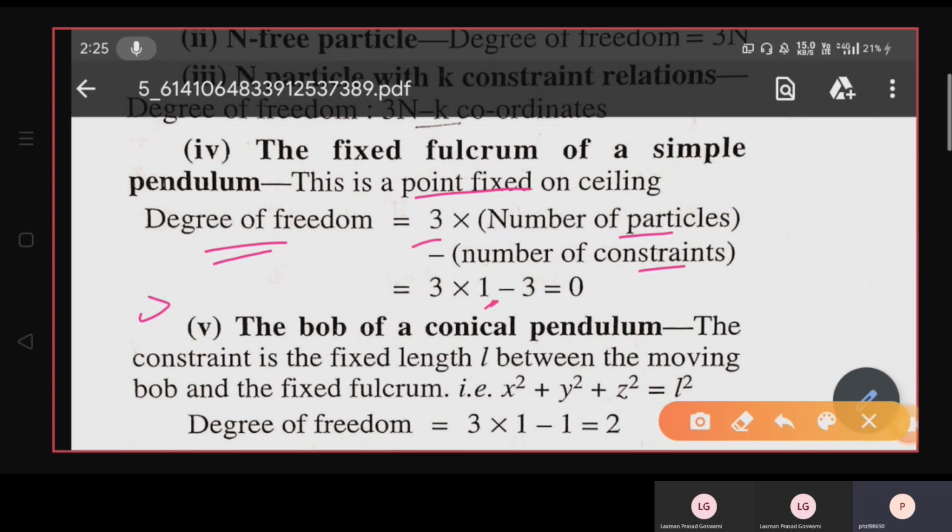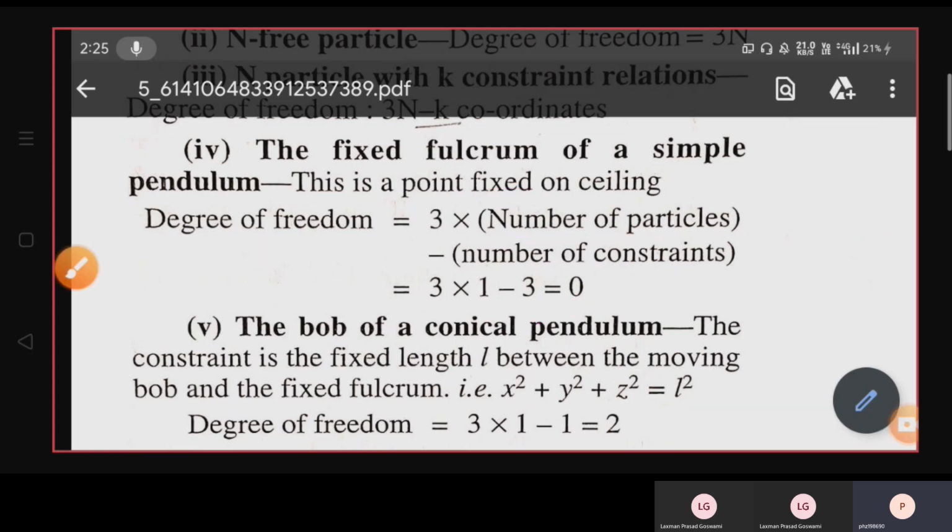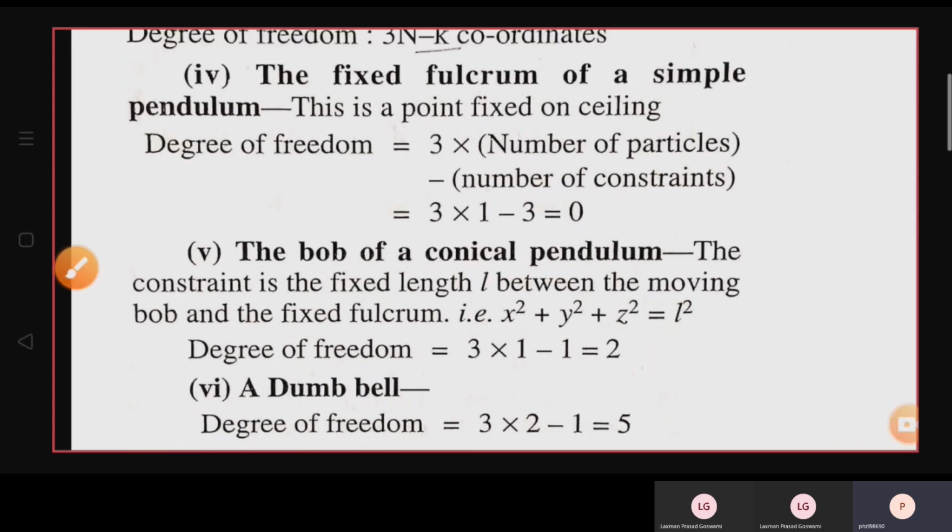Here the number of particles is 1 because the fulcrum is a point or some small particle. So it is 3 into 1. Now the number of constraints is also 3 because it cannot move along x, along y, or along z. So 3 minus 3 becomes 0. So it is fixed. It has 0 degrees of freedom. Do you understand what I am trying to say?